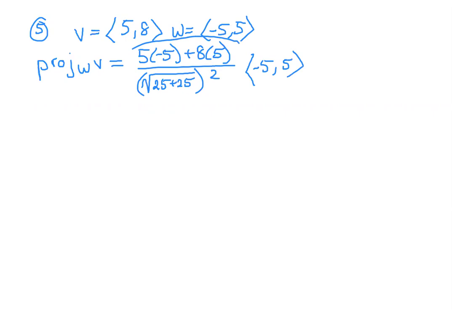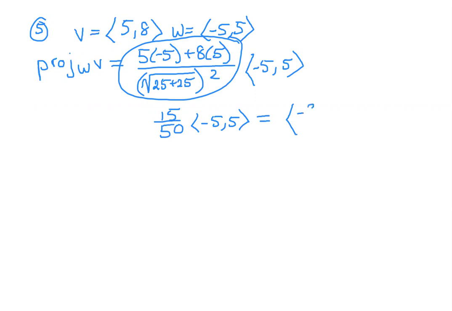So when you do all of this work right here, you should get 15 over 50. And when you multiply that through, you get -3/2 and +3/2.